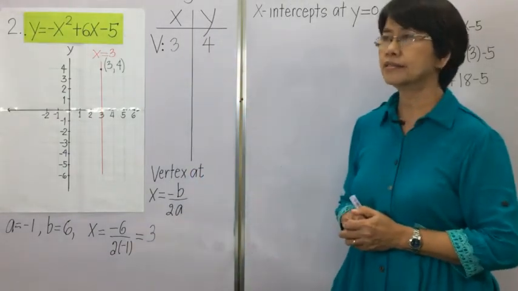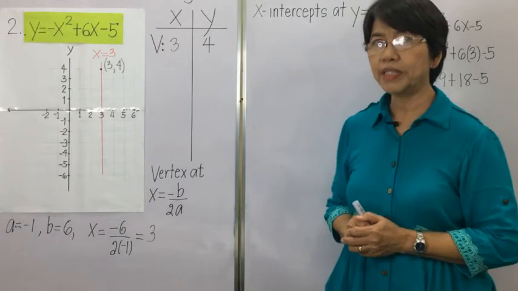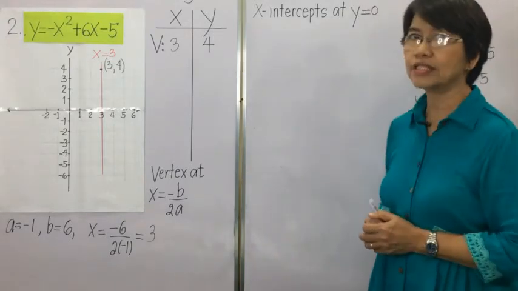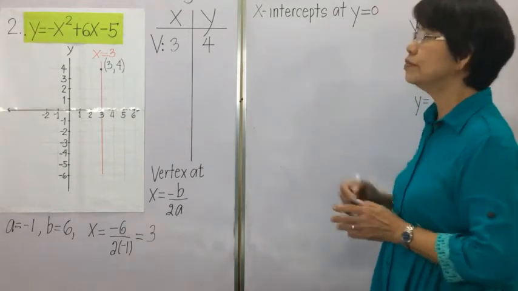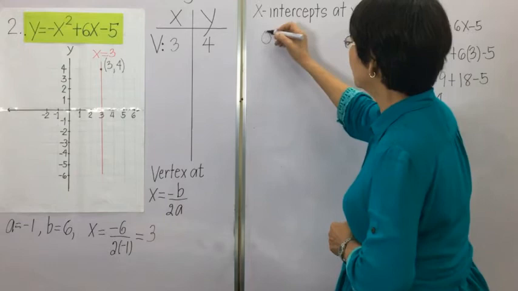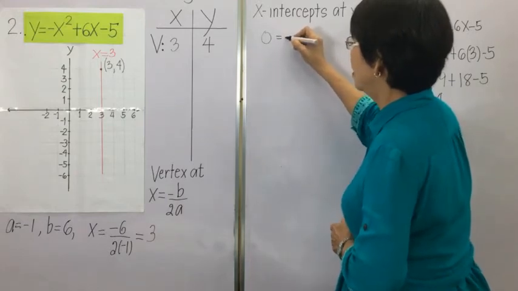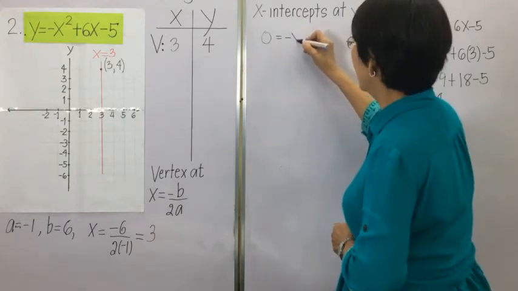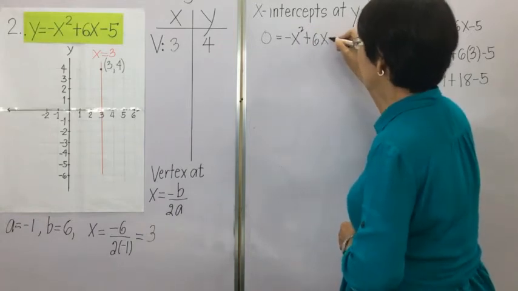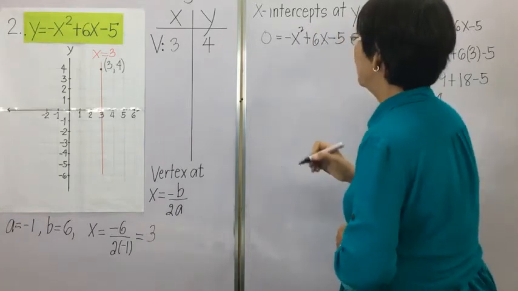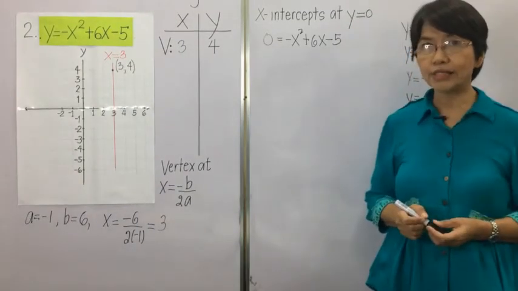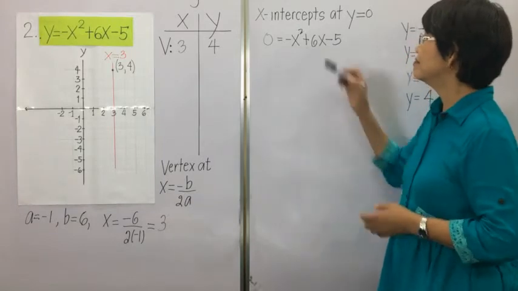Then our next points will be the x-intercepts. We solve for the x-intercepts at y is equal to 0. So we set y is equal to 0, and then minus x squared plus 6x minus 5. We will multiply both sides by negative 1 to make this positive.